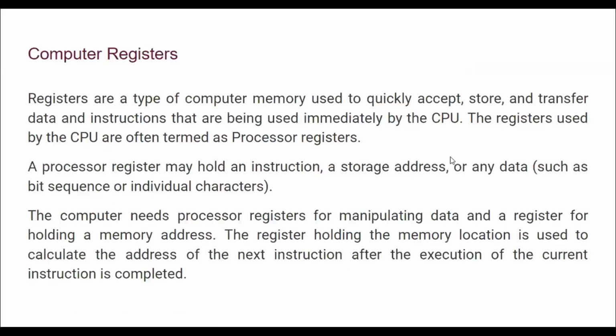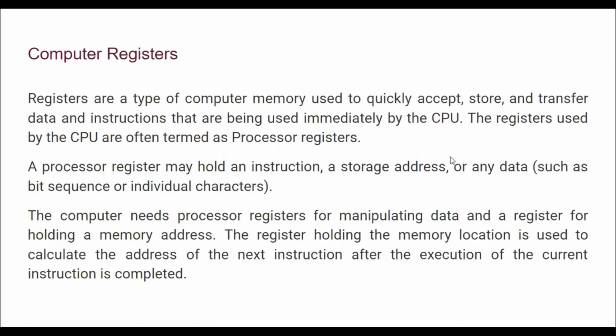So computer registers are a type of computer memory used to quickly accept, store, and transfer data and instructions that are being used immediately by the central processing unit. The registers used by the CPU are termed processor registers. A processor register may hold an instruction, a storage address, or any data such as a bit sequence or individual characters.